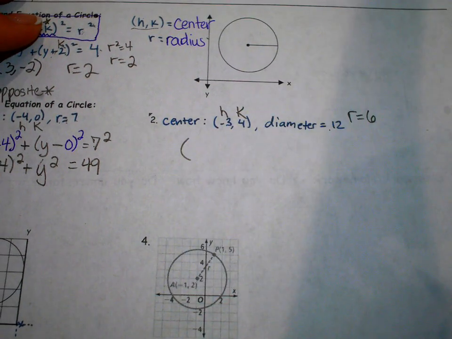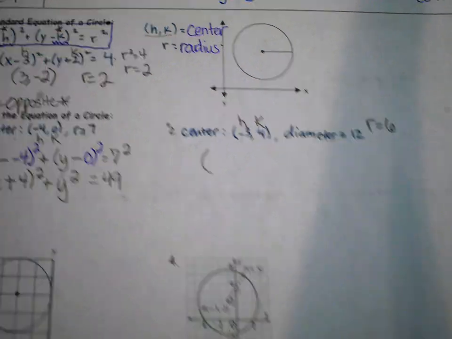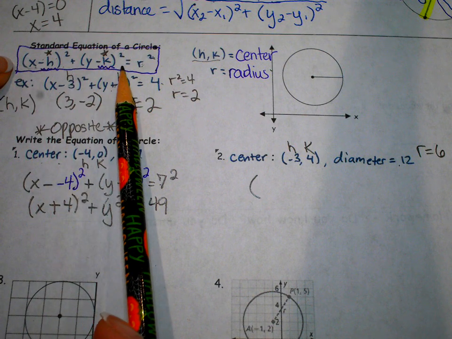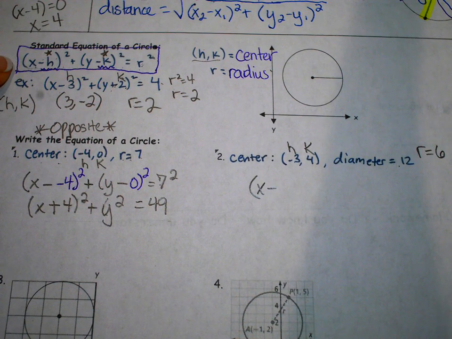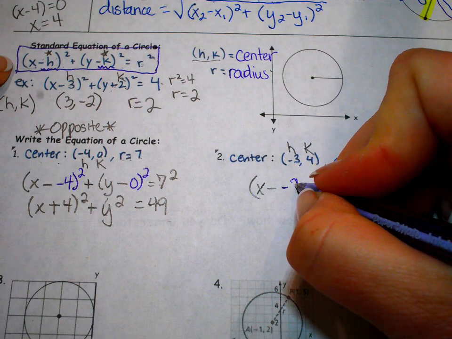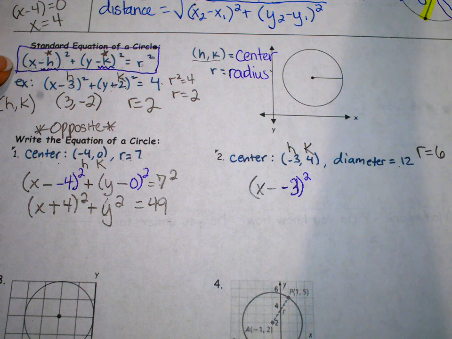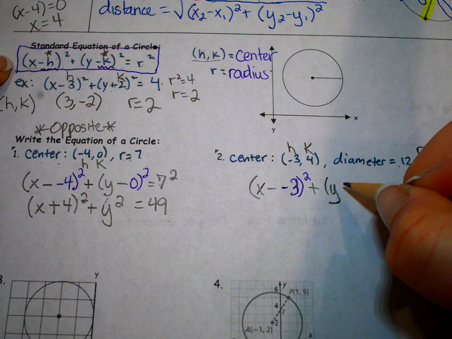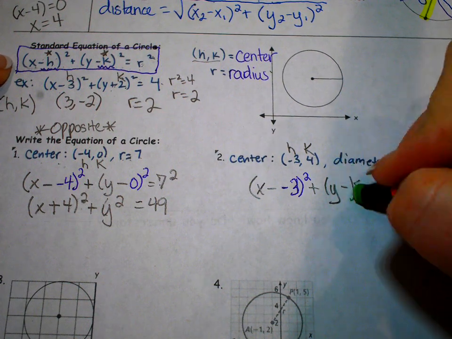All right, remember, let's write it. So here's the formula up here: x minus h squared plus y minus k squared equals r squared. Here we go. x minus h. Make sure I write the right number. Plus y minus k. K is positive, so I just get to write the 4.